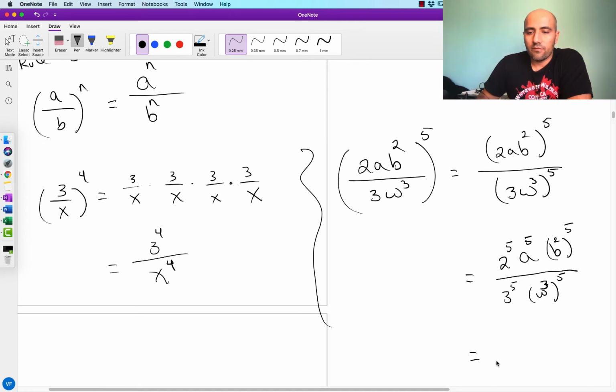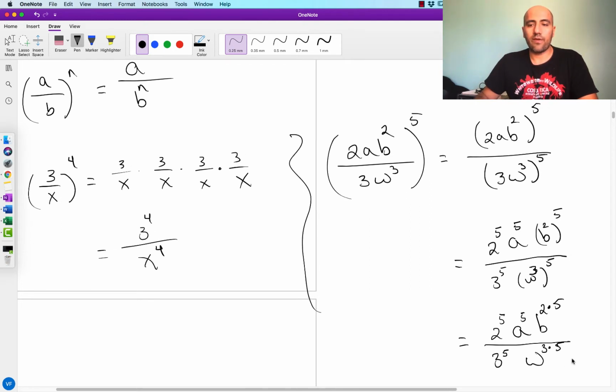Okay, so finally we can reduce this. We'll end up with 2 to the power of 5, a to the power of 5, and then b squared raised to the power of 5. We know that must mean that we multiply the exponents. And then we'll end up with 3 to the power of 5 there, and w to the power of 3 times 5.